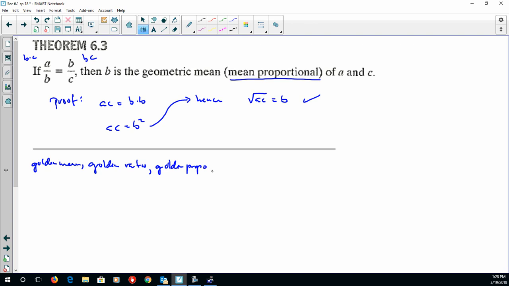It's also called the divine proportion. Okay. It is the number, use the lowercase Greek letter tau.